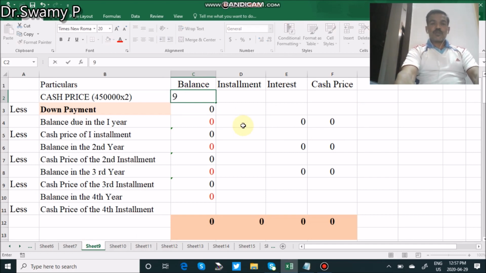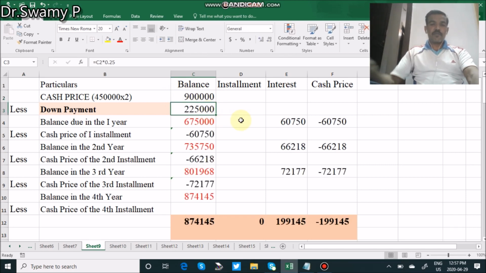Since 2 cars are purchased, 9 lakh rupees cash price, and the down payment is 25% of 9 lakh. Therefore, the down payment is recorded there automatically, and for the first year installment, the 9% interest is calculated on the outstanding balance of the first year.